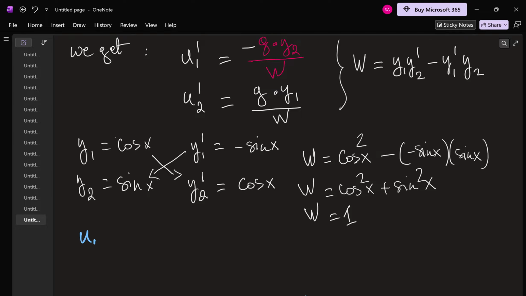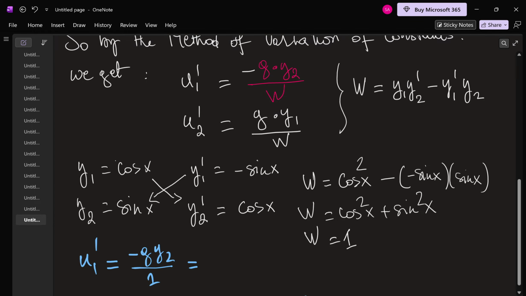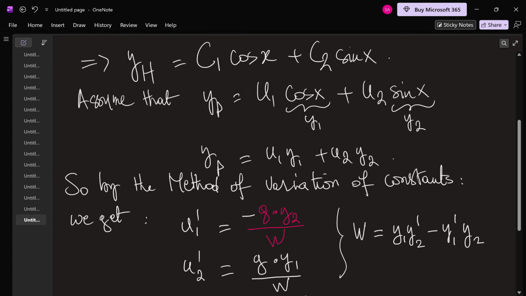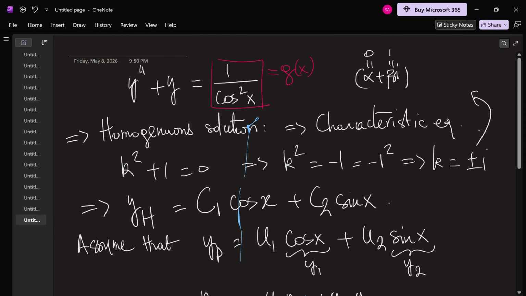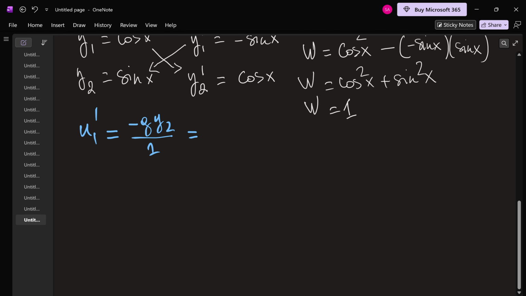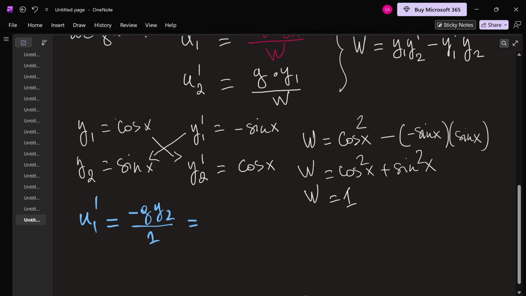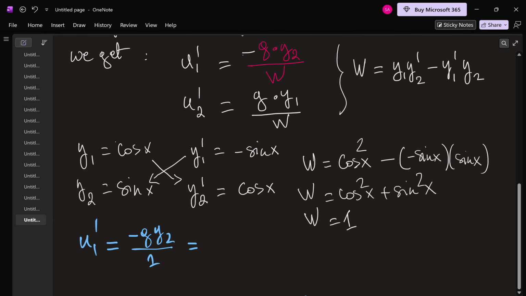So u1 prime is equal to minus g y2 over 1, which is W. So here, what is the function g? The function g is 1 over cos squared x. So what we have here is minus 1 over cos squared x times y2.